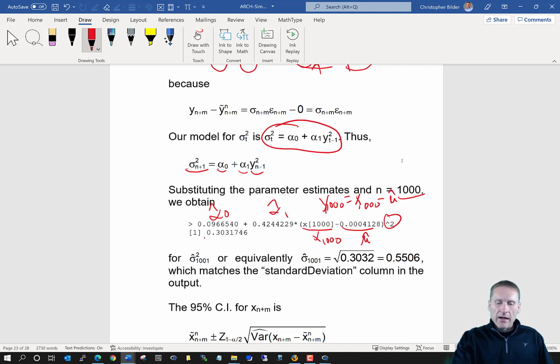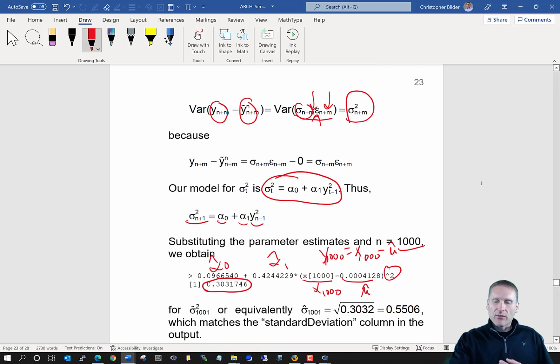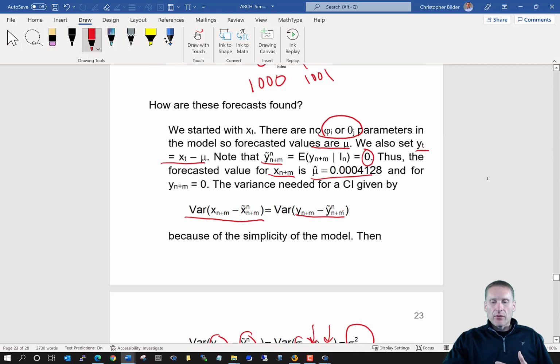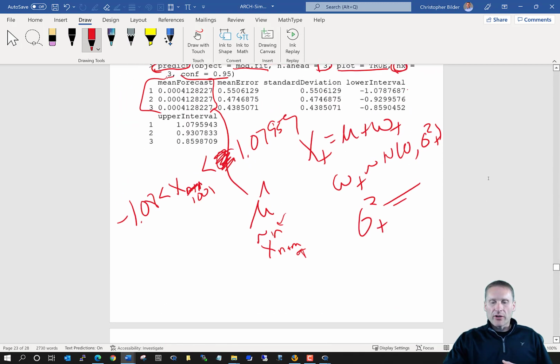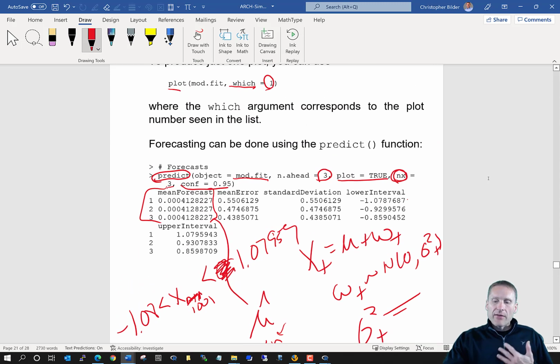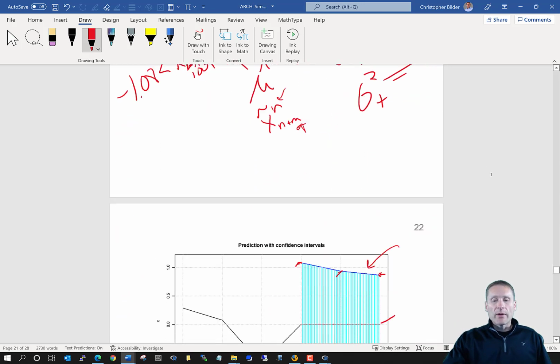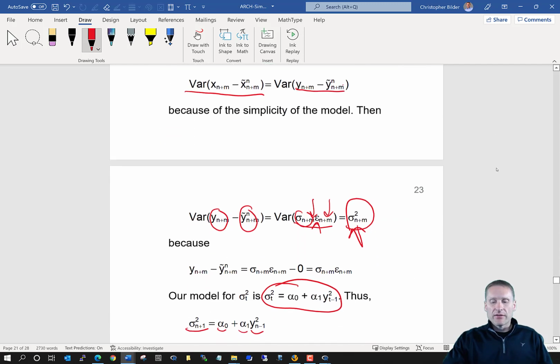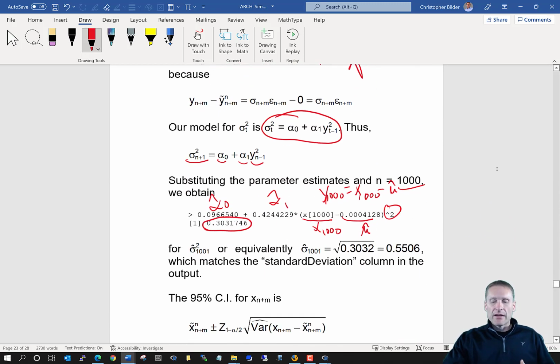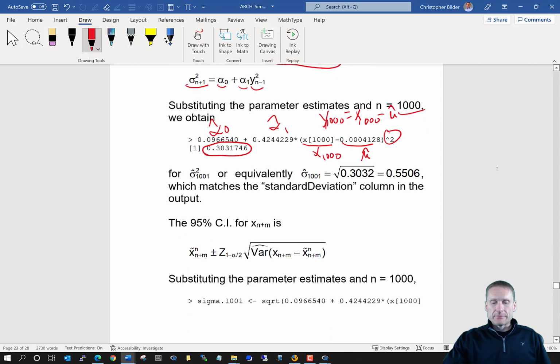Then I square it, and I get a value of 0.303. So this is my estimate of the variance when m is equal to 1. Let's go back to our output that we saw previously. If I take the square root of that 0.303, I get 0.550629. We can see that standard deviation is represented in the corresponding output.